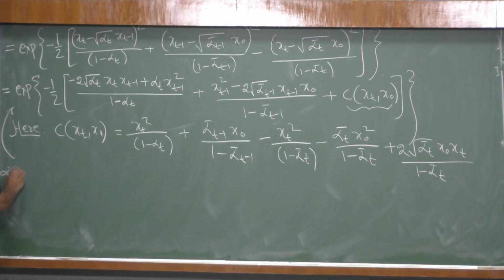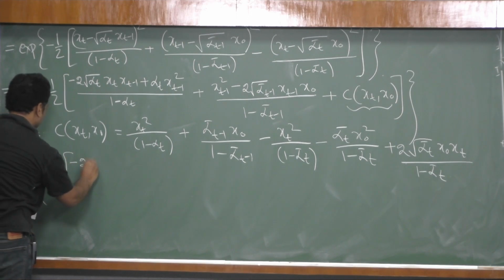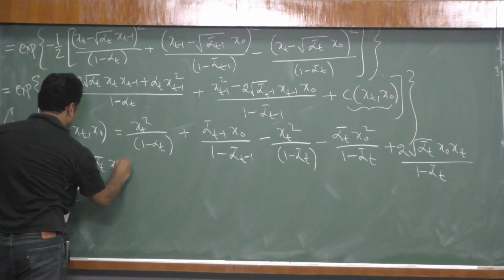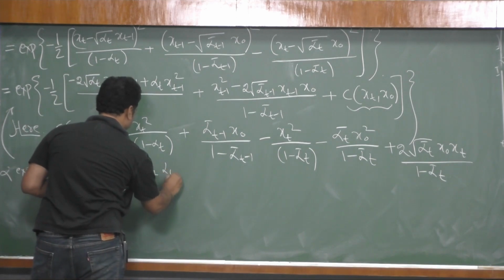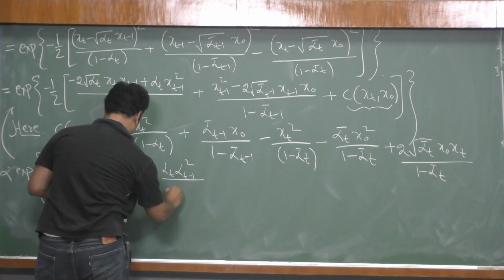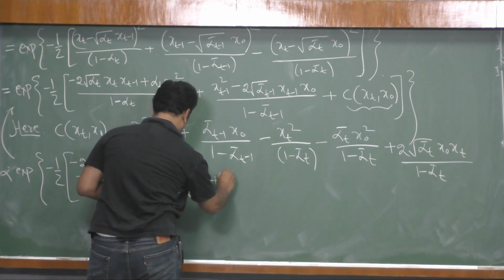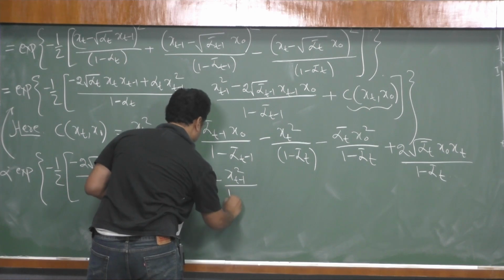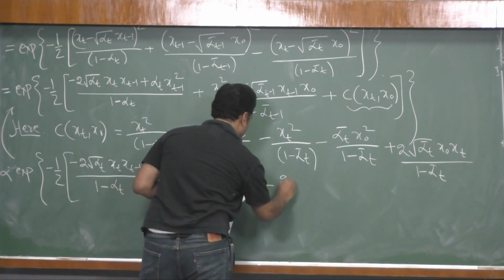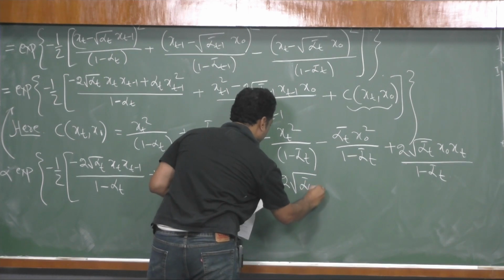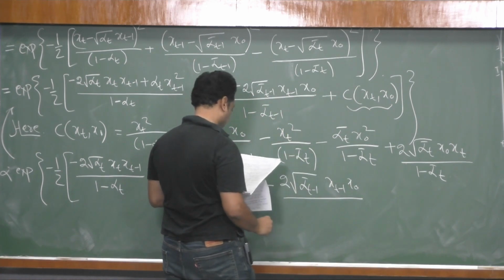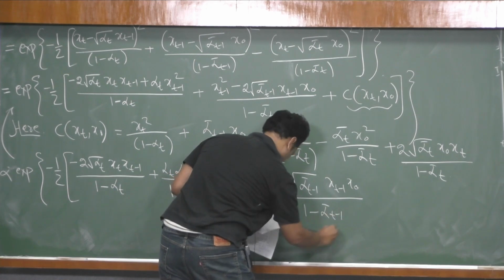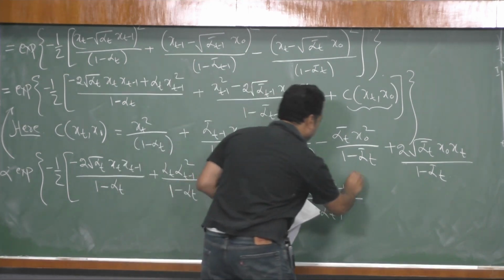So this is exp minus half, minus 2 square root of alpha t xt minus 1 alpha t plus alpha t minus 1 squared divided by 1 minus alpha t plus alpha bar t minus 1 squared, minus 2 square root of alpha bar t minus 1 x naught divided by 1 minus alpha bar t minus 1, and then close this.